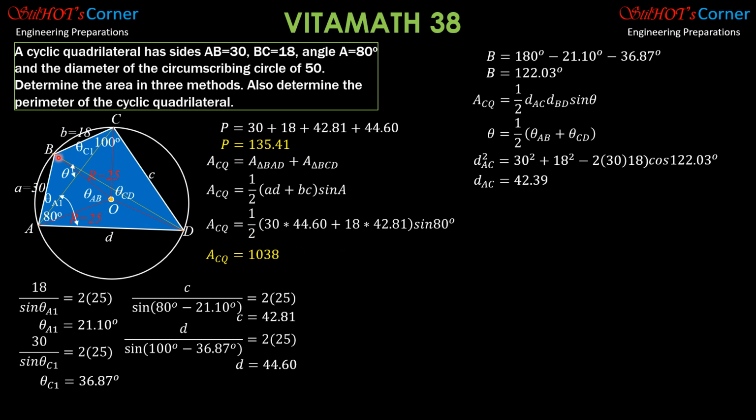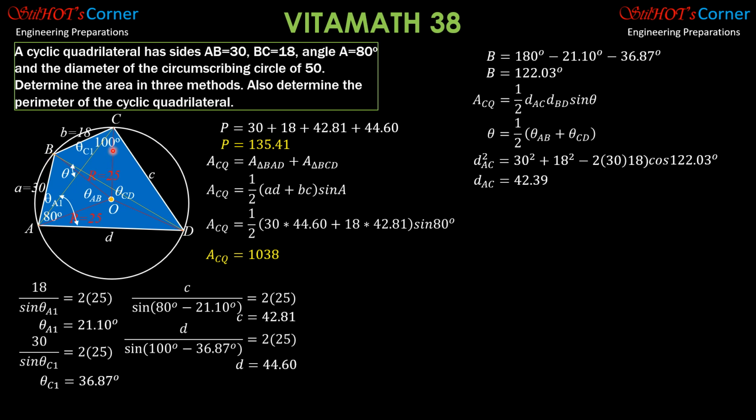Then for the other diagonal, this diagonal BD here, diagonal BD square is 30 square plus D square minus 2 times 30 times D cosine of 80 degrees. Or it is equal to 18 square plus C square minus 2 times 18 times C cosine of 100. But I'll use 80 here, the original.